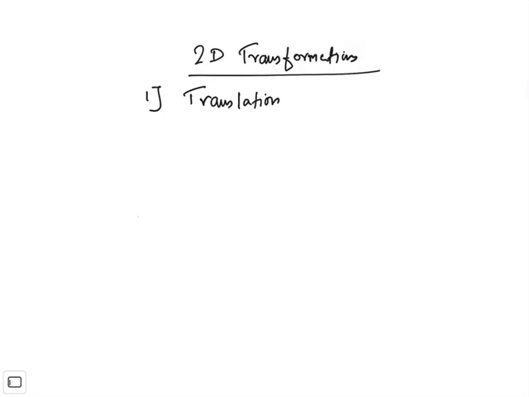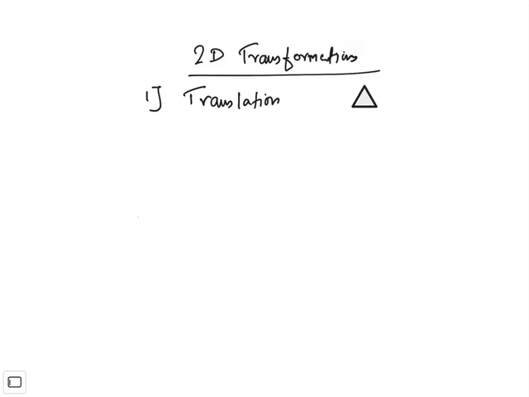In case of translation, if we have an object like this and we want to move it from its initial position to the final position, it is performed by what is called translation.